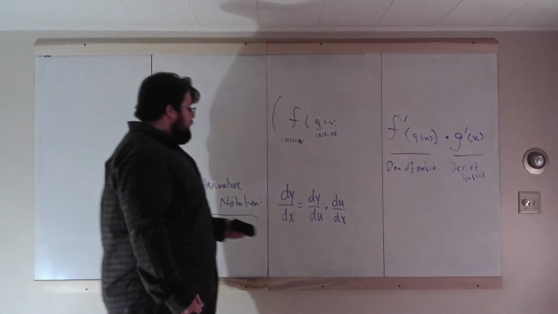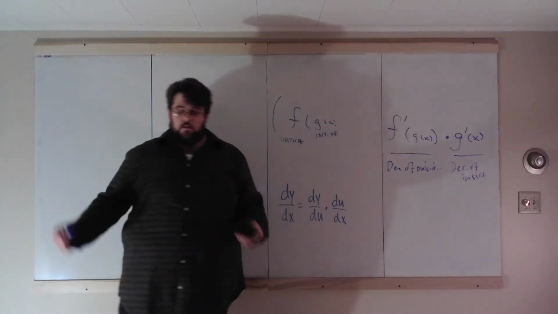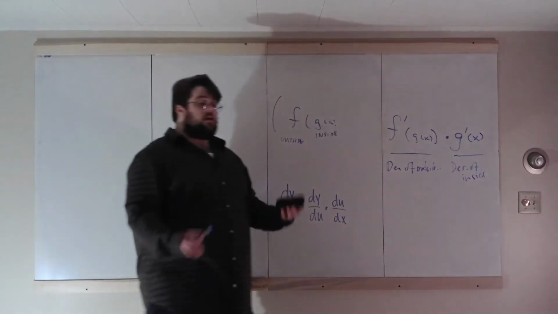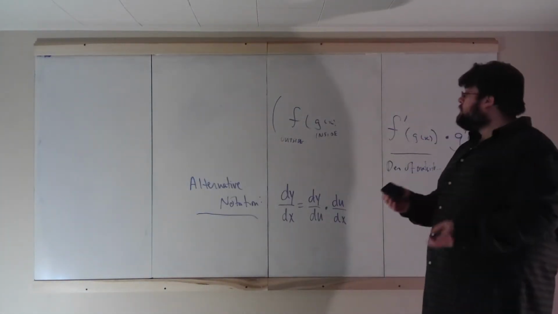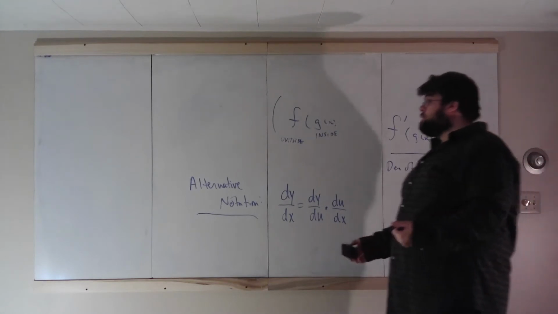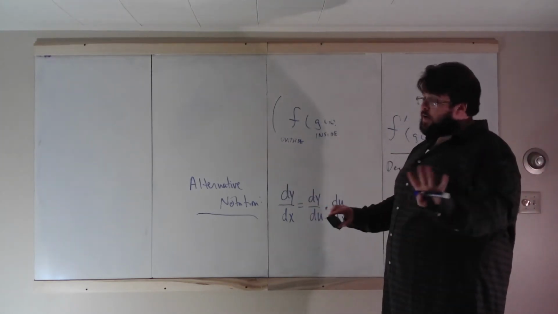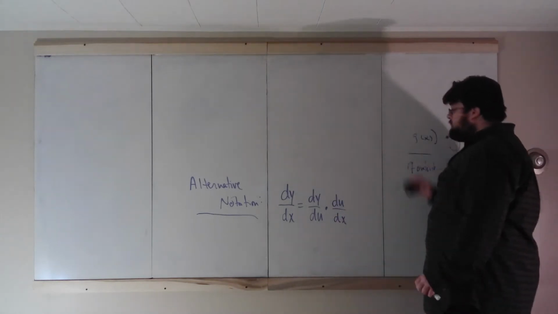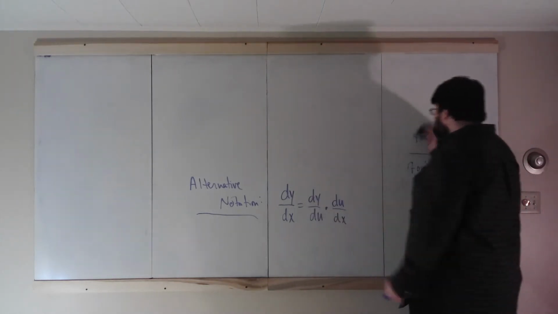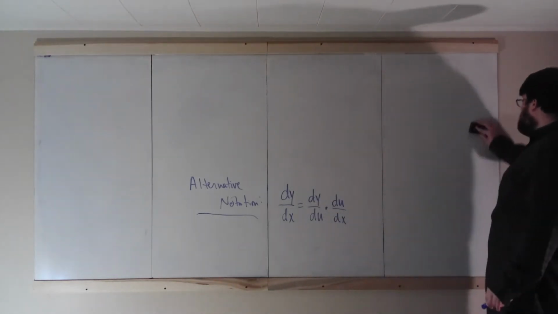And these do not necessarily act like fractions. Sometimes the fractional notation can be thought of as fractions, but in general, derivatives are not fractions. This is one example where it happens to function very nicely as fractions.